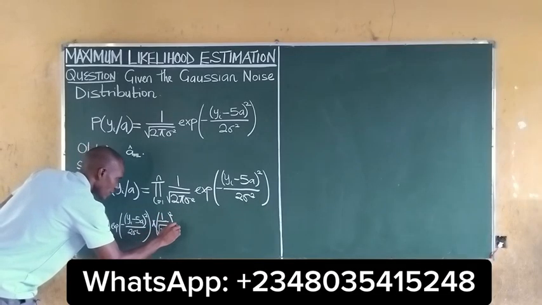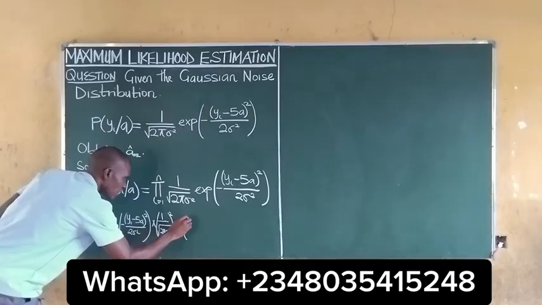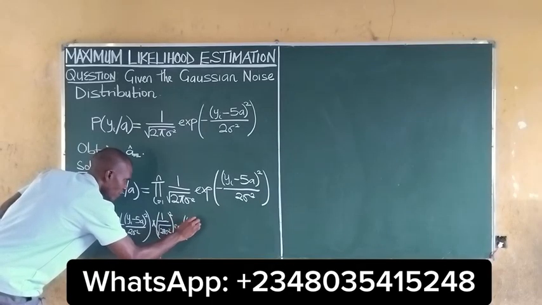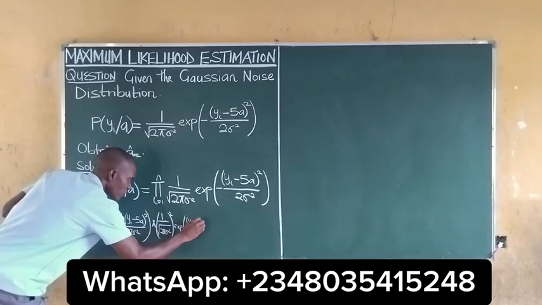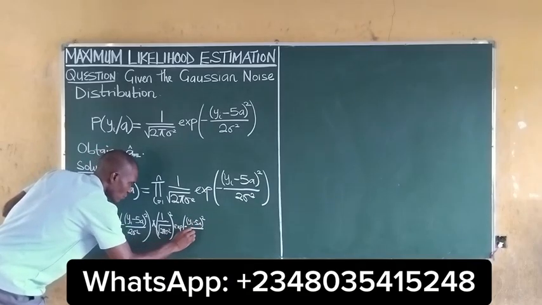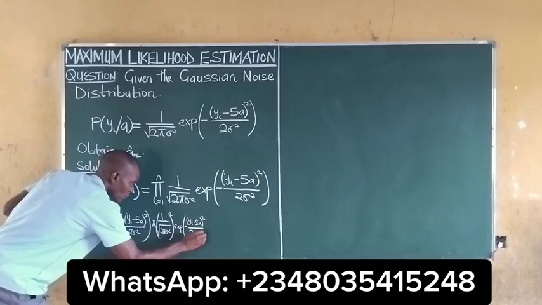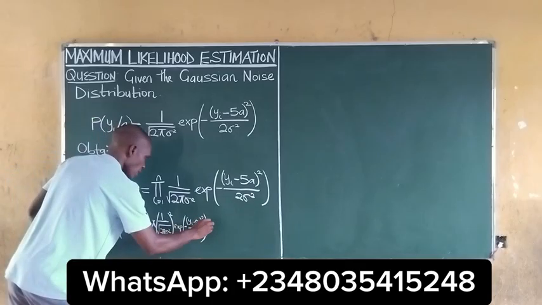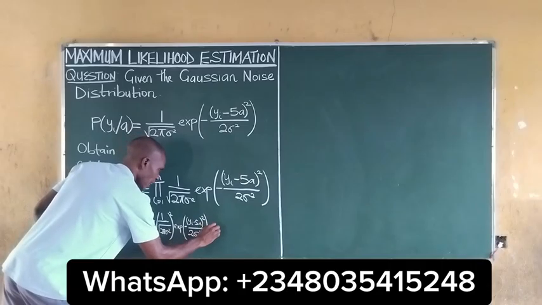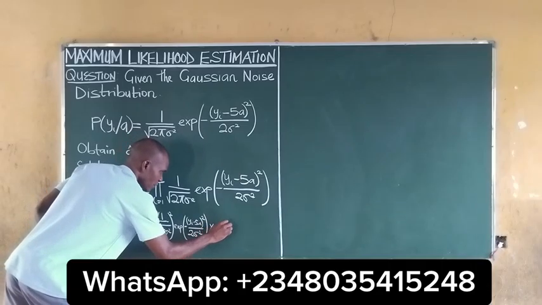The second one, exponential negative yi minus 5a raised to the power of 2 all over 2 sigma squared. Then that is how it will continue.